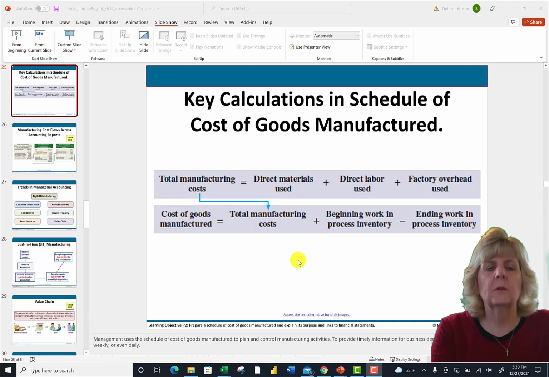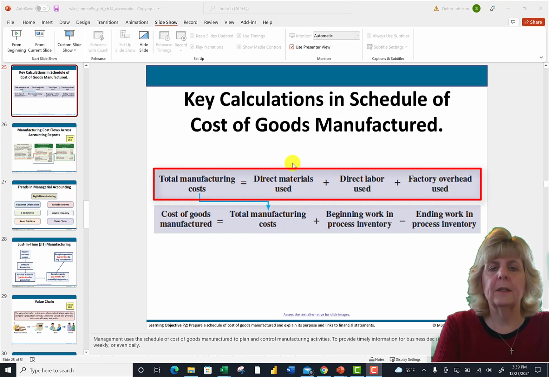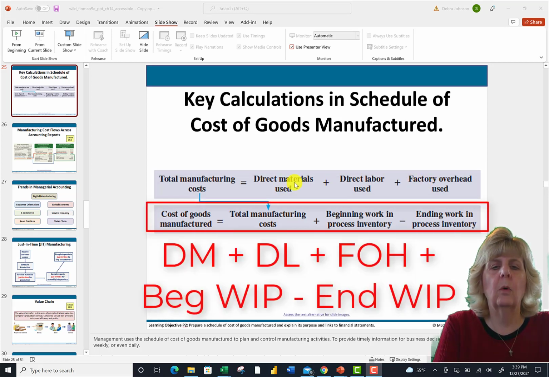This slide shows some of the key calculations in the schedule of cost of goods manufactured that we just looked at. You'll notice here, and I mentioned this on the previous slide, that this is simply, and I'm trying to break it down in as simple terms as I possibly can, the manufacturing costs, the 3 costs that we talked about in the last lecture, tweaked for beginning and ending WIP.